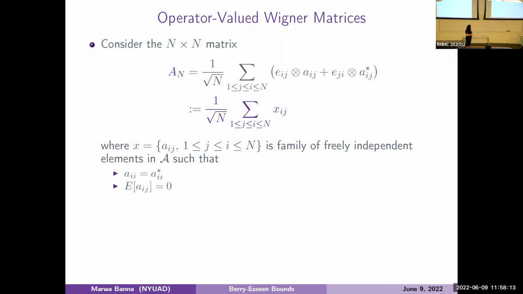So we simply consider the unit matrices, and we write it as the sum of these unit matrices tensored with the AIs.